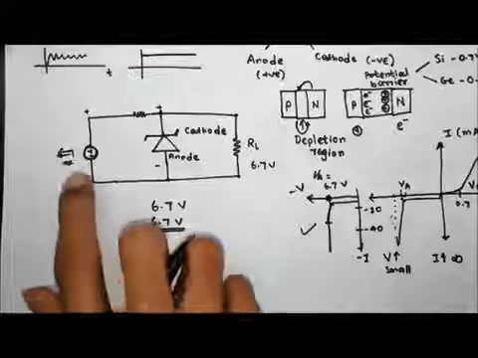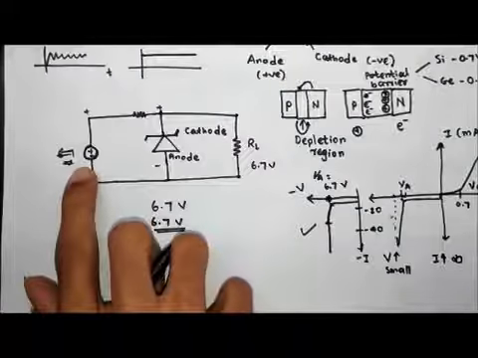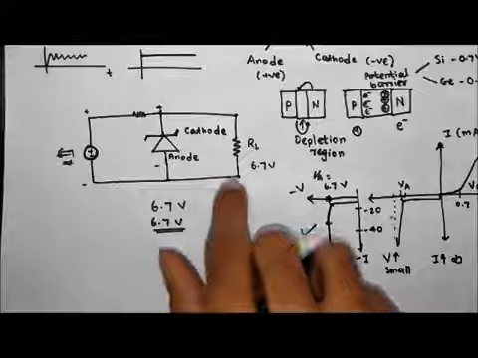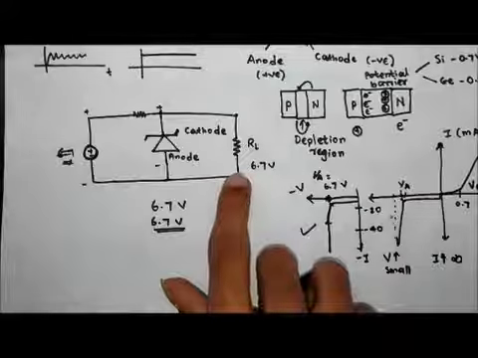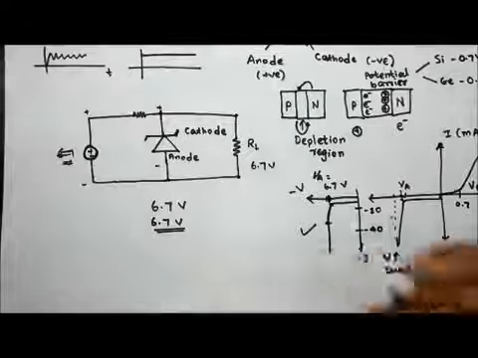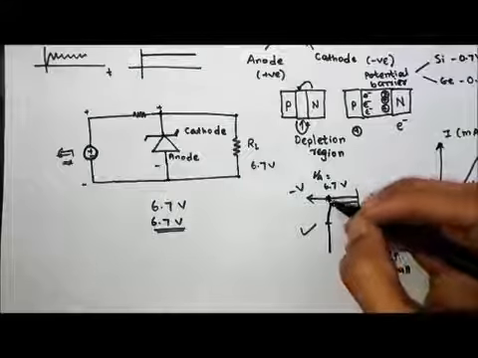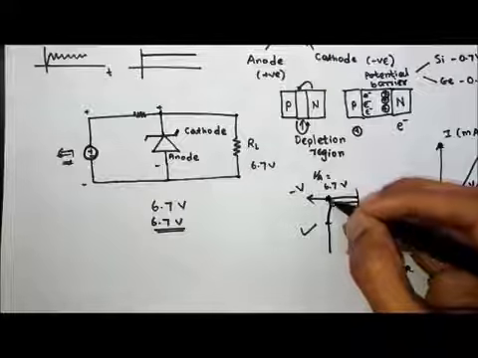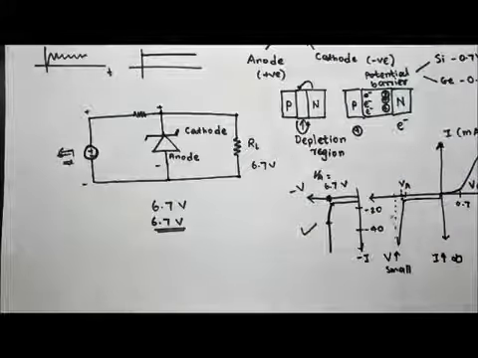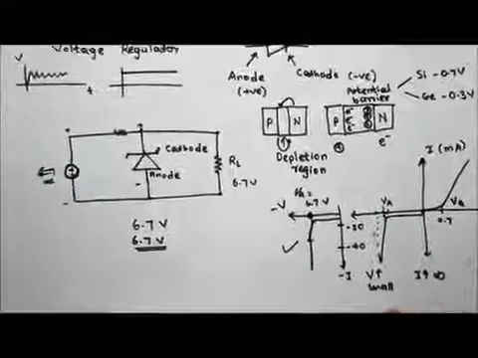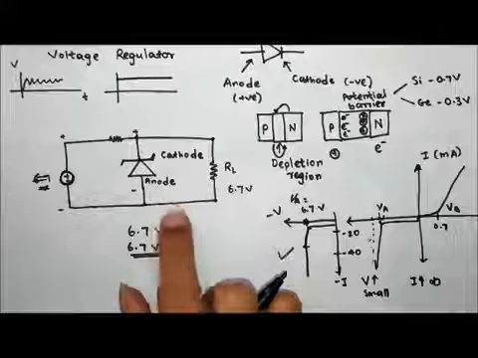So what we see here is, no matter how much current is delivered by this voltage source, the output voltage across RL is maintained at 6.7 volts. But for that we need to operate the Zener diode in this region where the voltage is barely increasing with current. Okay, so that's it about Zener diodes and its application as a voltage regulator.